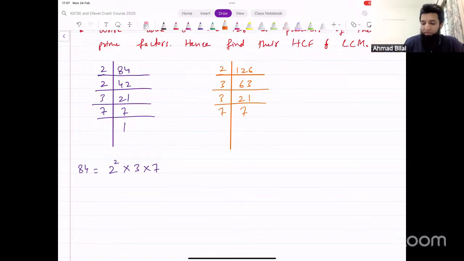And you can divide by 7 now. And that leaves you with 1. So you can say 126 can be written as 2 times 3 times 3 times 7. That is 2 times 3 squared times 7. This is the prime factorization of both of these numbers. Okay.